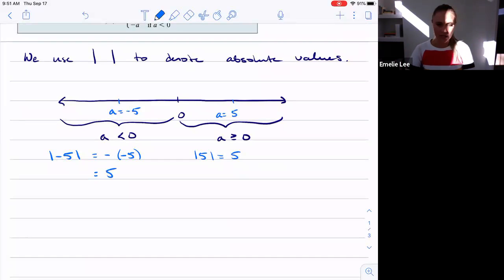So either way, we end up with the result of 5. So whether we take the absolute value of negative 5 or the absolute value of positive 5, we end up with 5 either way. If you just remember that the absolute value just makes it positive, that's fine. But I just wanted to show you why it does that.